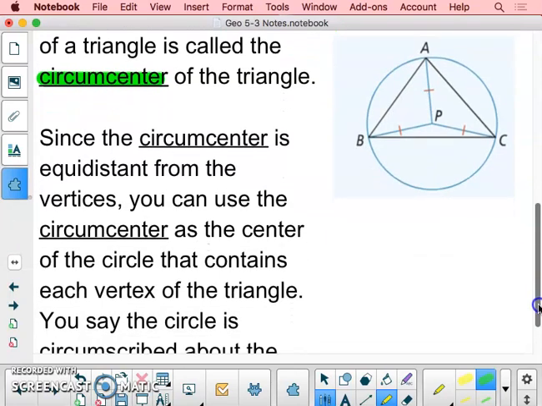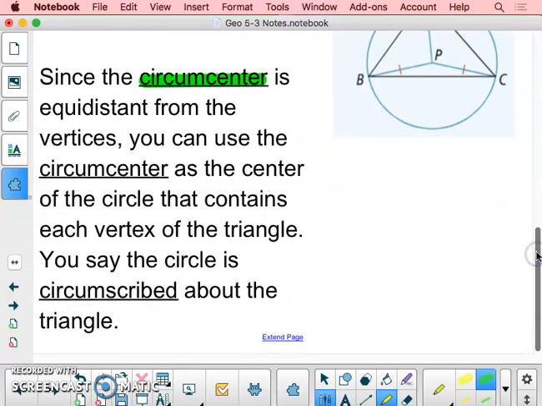Since the circumcenter is equidistant from the vertices, you can use the circumcenter as the center of the circle that contains each vertex. You would say that the circle could be circumscribed about the triangle.